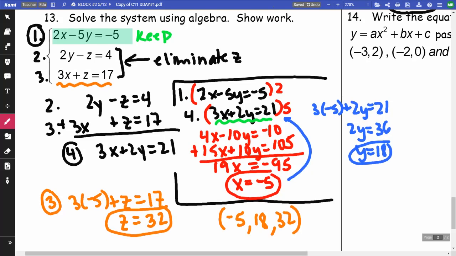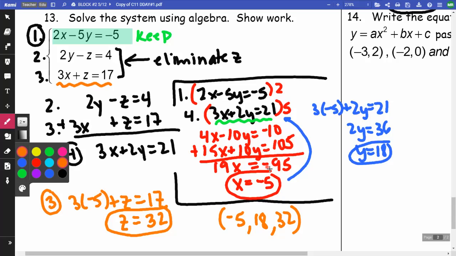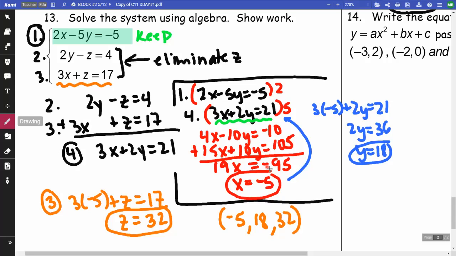And then our last one, number 14. Before we get to 14, I was just looking at this. I'm obviously doing this when I'm tired, so I do apologize. When I did -10 plus 105, that should have been a positive 95. We still ended up with nice answers and not decimals, but I should be getting smaller numbers than that.